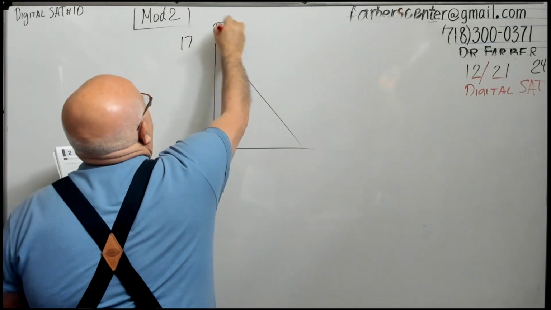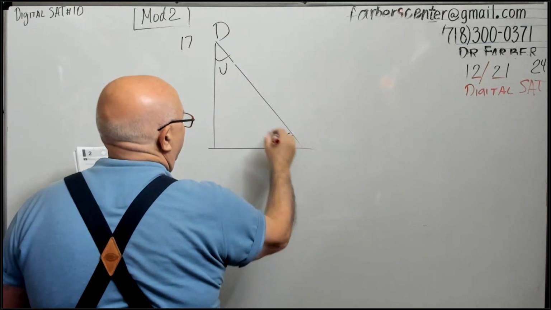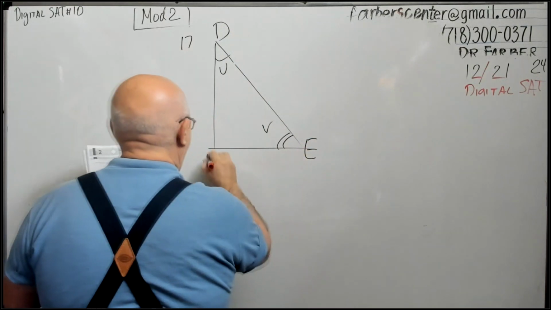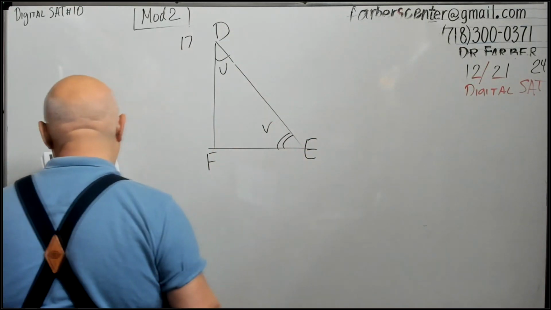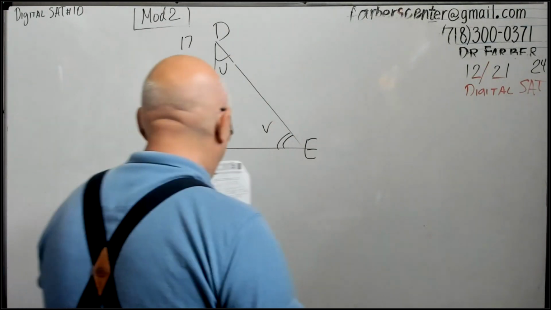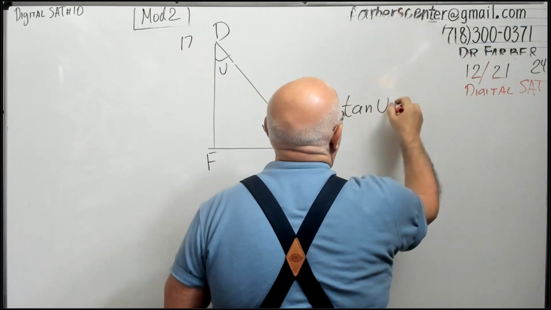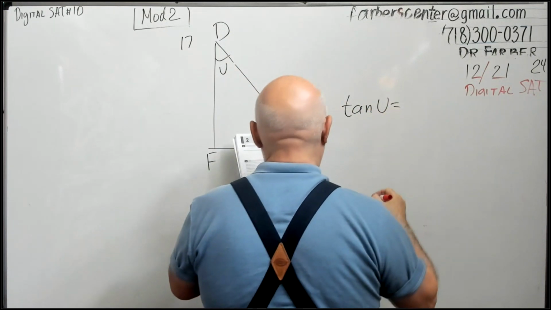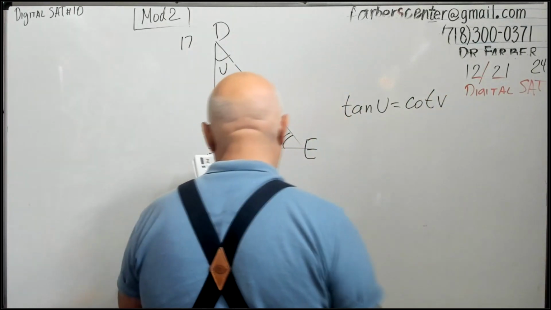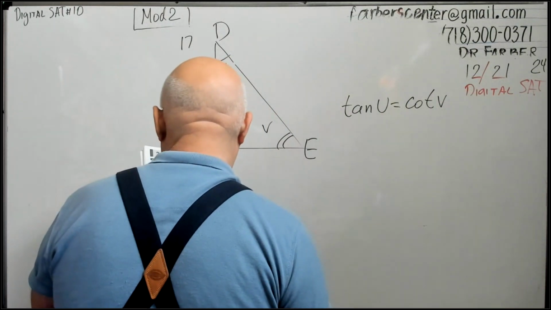D is U, and this is E, and this is F. Tangent U equals cotangent V. Okay. Which of the following is true about the triangle?